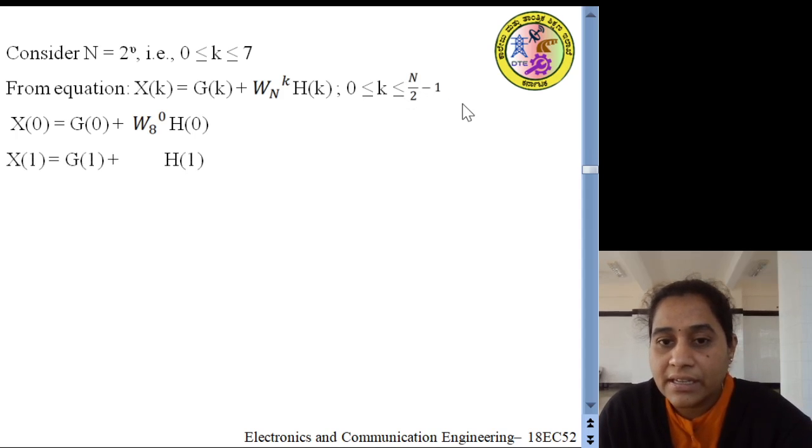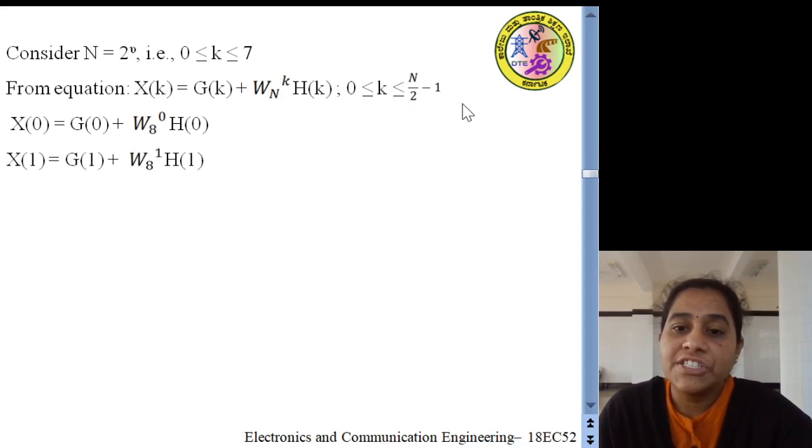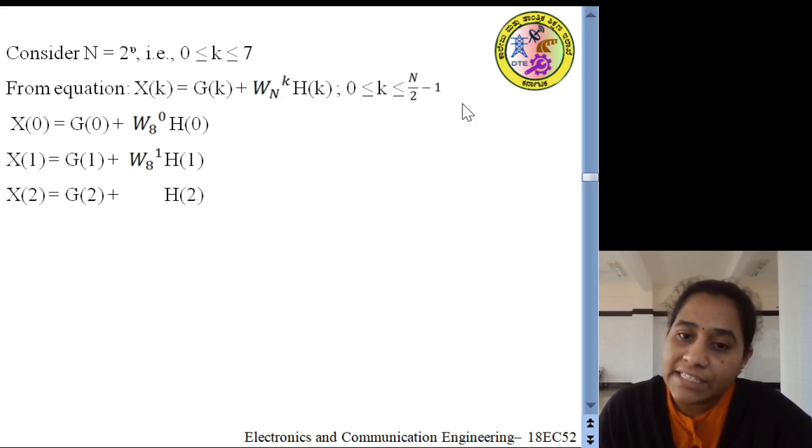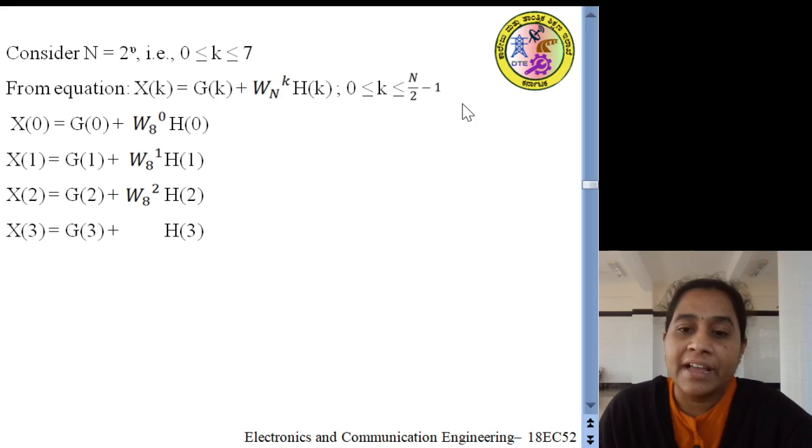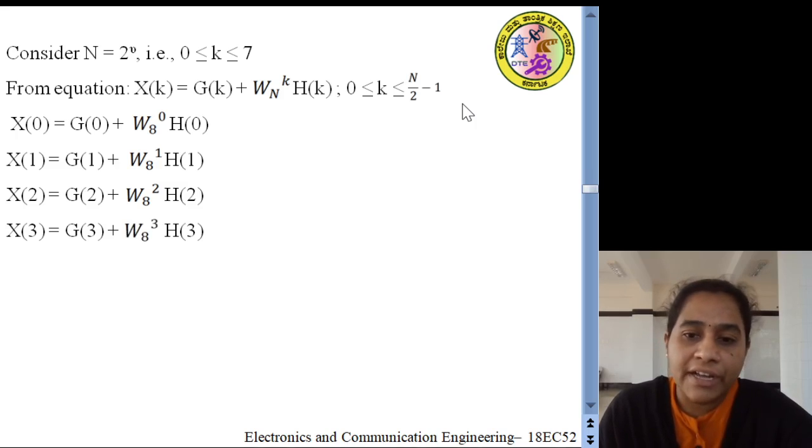X(0) is this. Similarly, X(1) is G(1) plus W_8^1 into H(1). X(2) is equal to G(2) plus W_8^2 into H(2). Finally, X(3) is equal to G(3) plus W_8^3 into H(3).